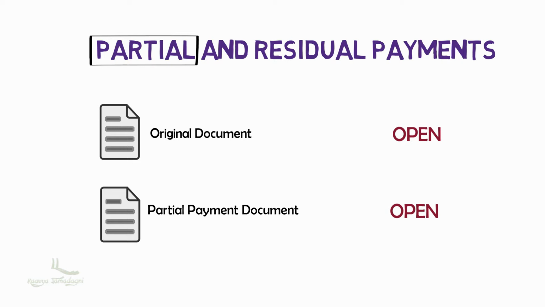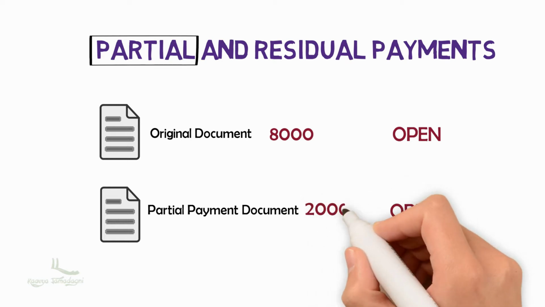That means when I do the partial payment, the system will not clear the main document till the payment is complete. Let me tell you the same by taking an example. Let's say I have 8,000 as open item. I will now post the partial payment of 2,000 against the open line of 8,000.